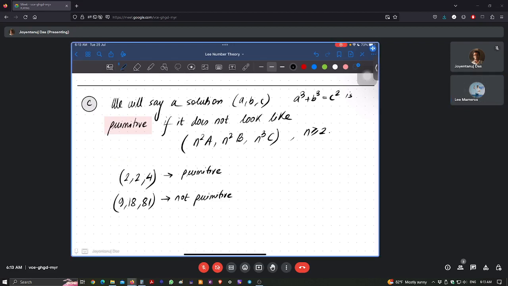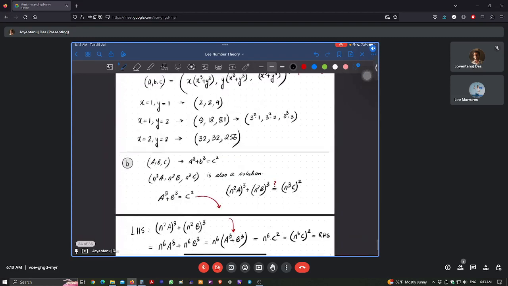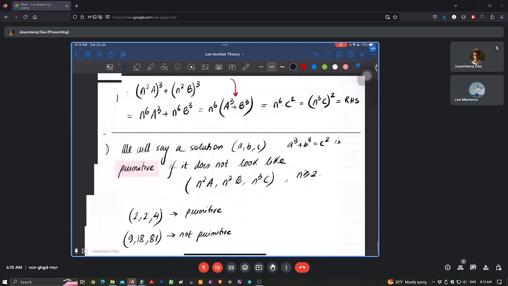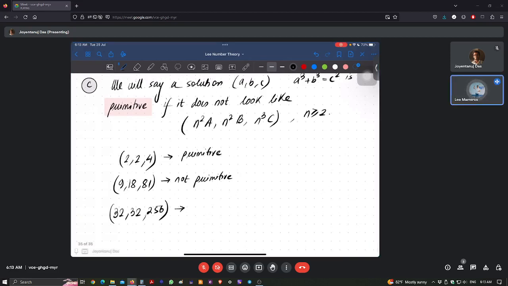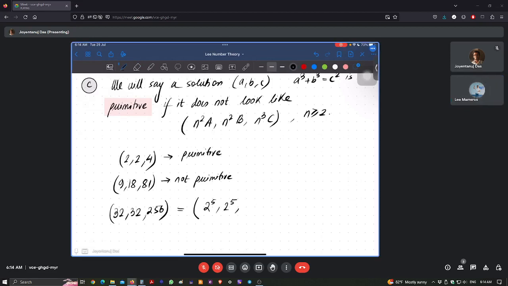So in part C they are asking to find primitive solutions. If I check the third one, it is 32, 32, and 256. Let us check whether it is primitive or not according to this definition. That would be 2 to the power of 5, and 256 is 2 to the power of 8.